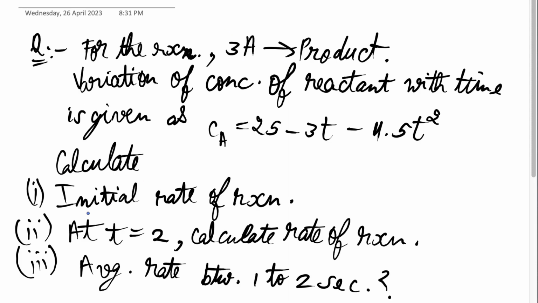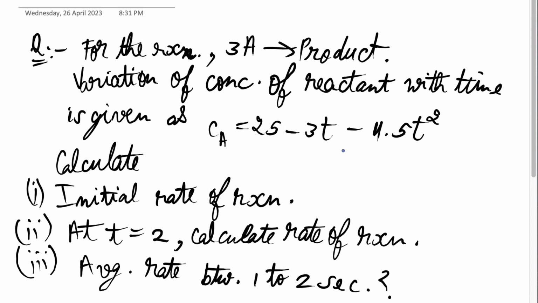3A gives product. This is the chemical equation given in the question. Now first part: calculate the initial rate of reaction.